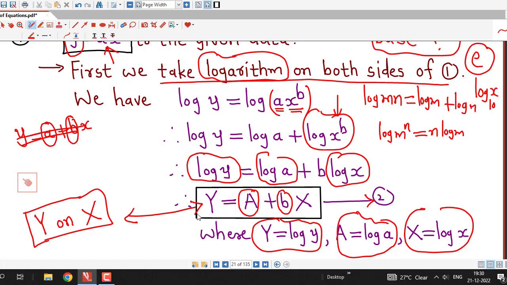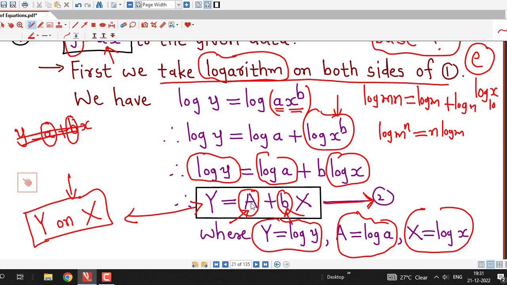So our curve is now, we will concentrate on this part, equation number 2. We want to find the line of capital Y on capital X, and we know how to find these constants capital A and small b.